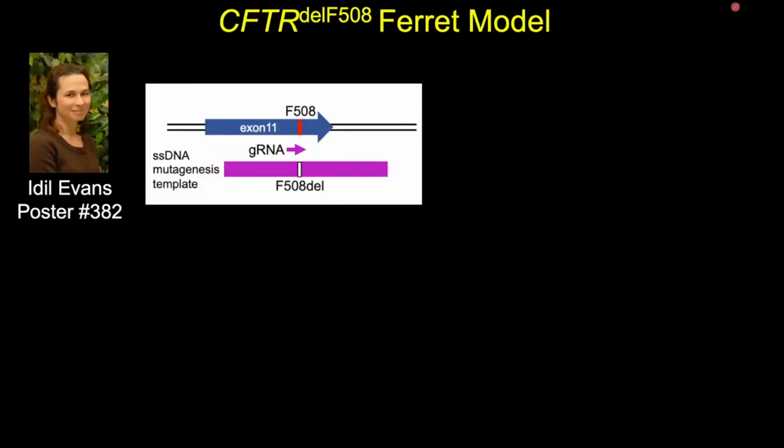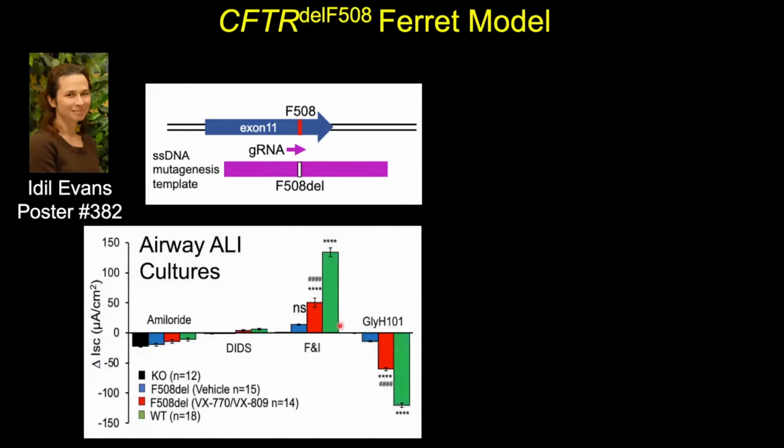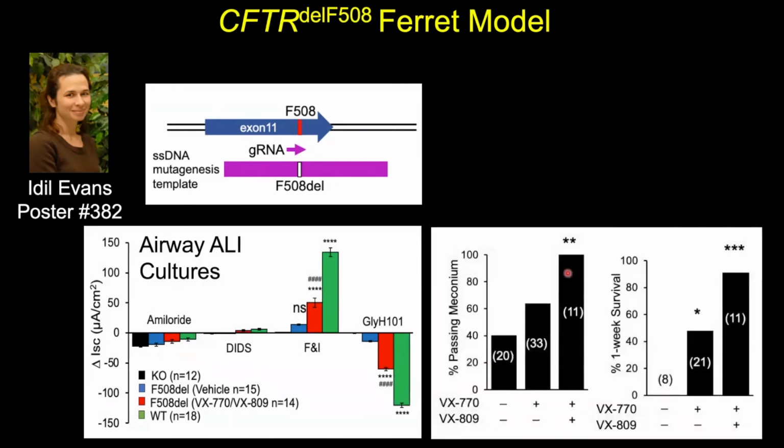Another model being evaluated by Idil Evans includes the Delta F508 ferret model. She has shown that in polarized airway epithelial cultures treated with VX770 and 809, she can gain back almost 50% function of CFTR here, looking at chloride currents. In vivo treatment with VX770 and 809 fully protects from meconium ileus in this particular model.